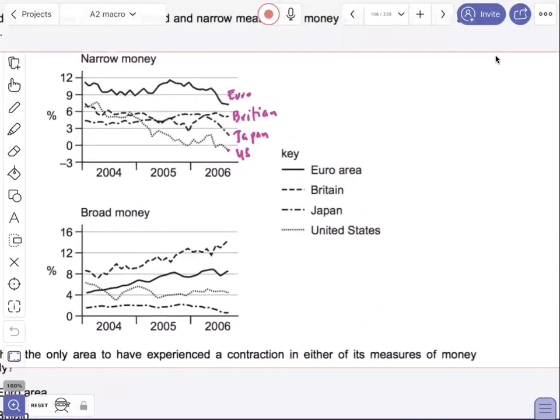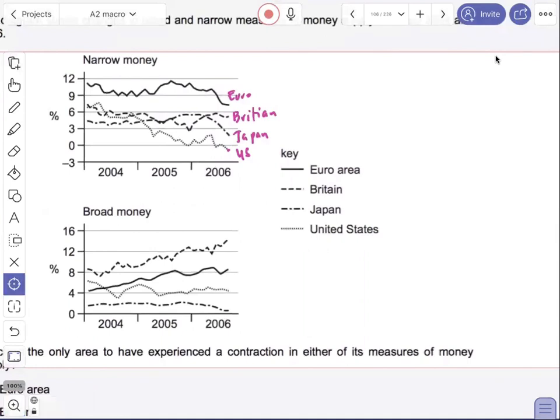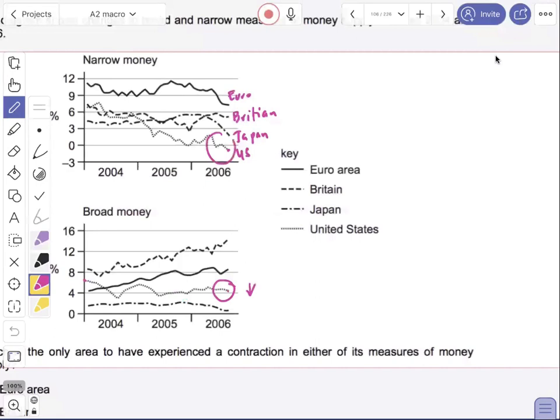If you look, this is going up, this is going up, and this looks stable, but from the beginning point it is going down slightly. US is also the graph that is falling.